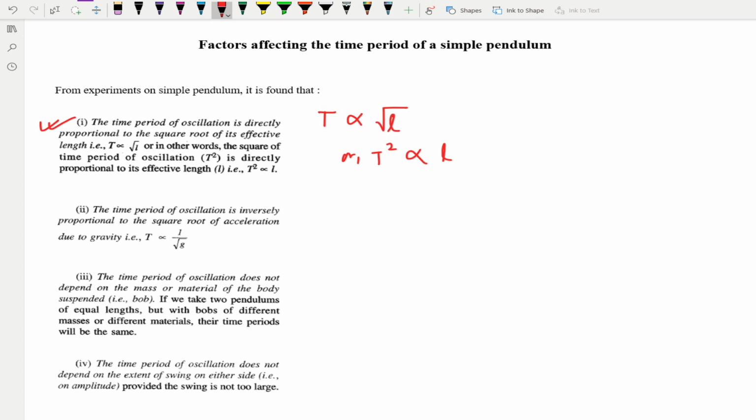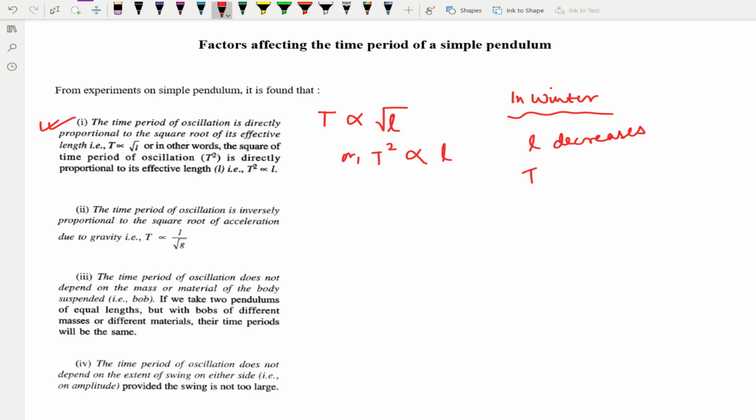From class 8, you have a brief understanding of expansion of length. As the temperature increases, the length tends to increase a little, and as the temperature decreases, the length contracts. It is called linear expansion. So in winter, the length contracts, that means L decreases, the effective length decreases.